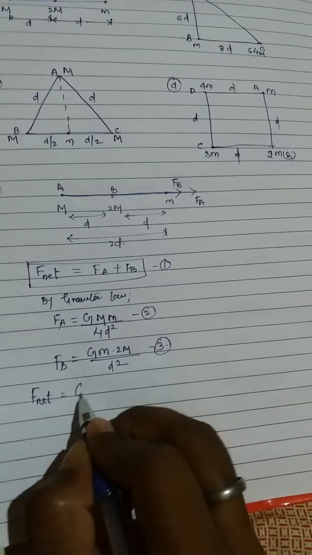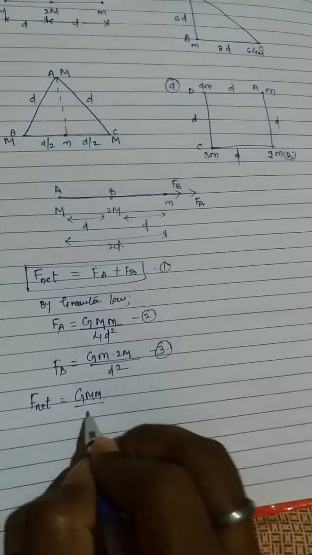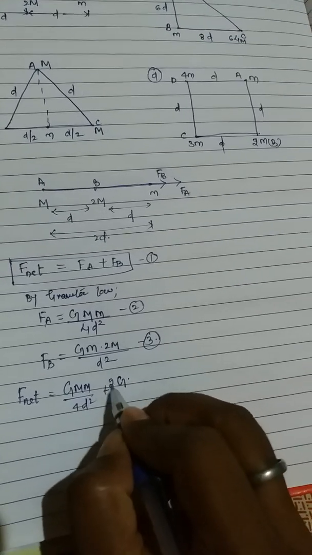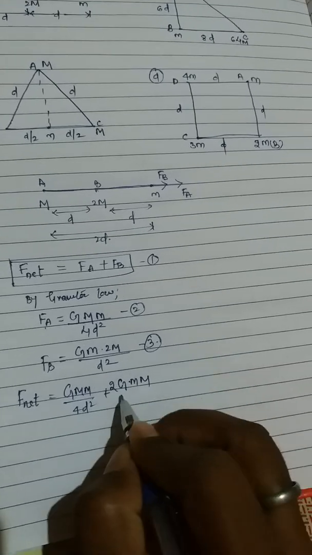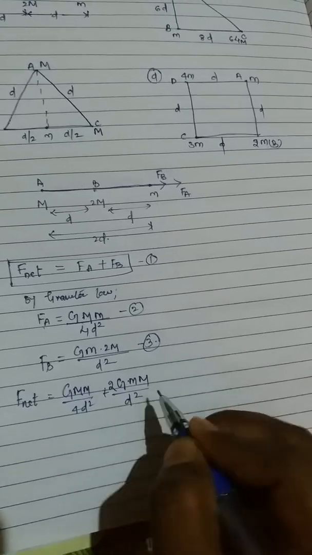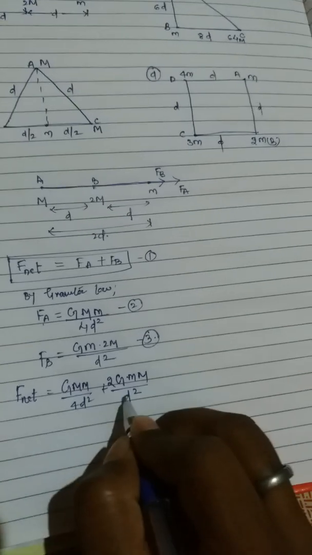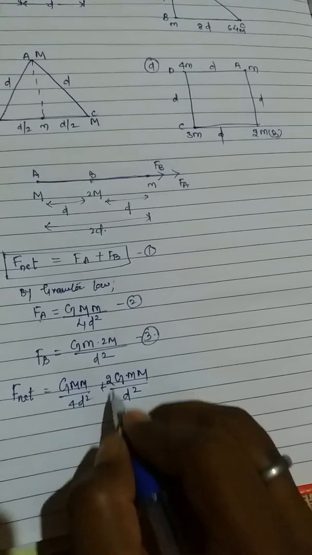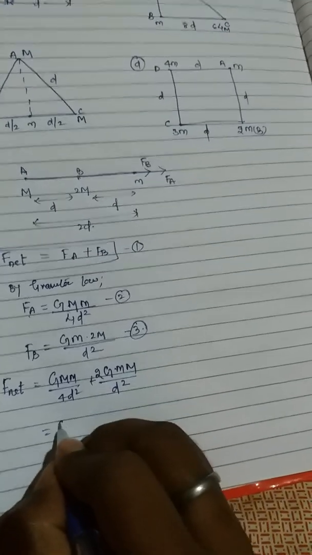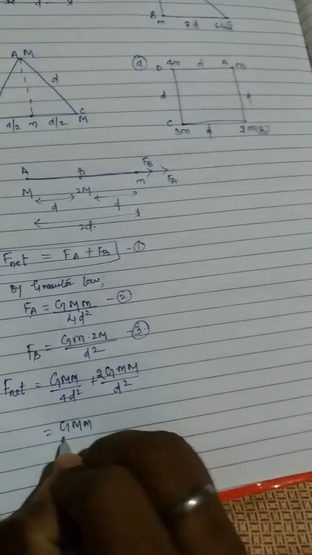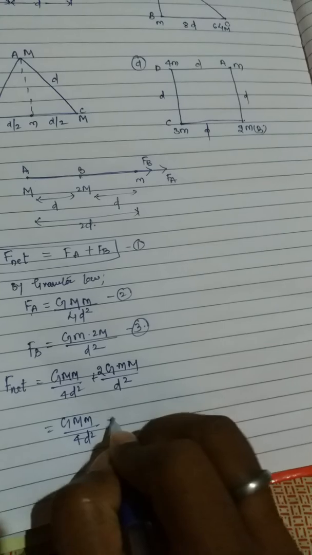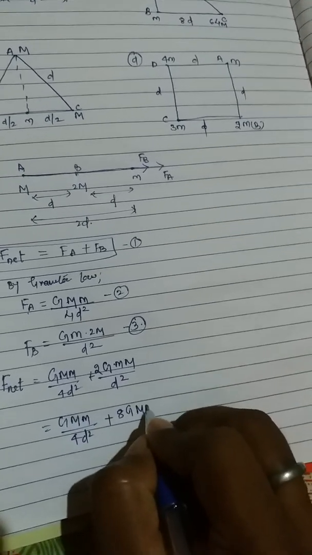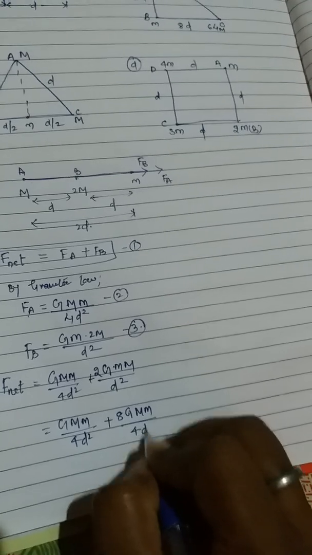What is Fa? It is G capital M small m by 4d square, plus 2G small m capital M by d square. Now here the denominator is 4d square, so you can multiply the second term by 4 and divide by 4, so 4 twos are 8. It becomes G capital M small m by 4d square plus 8G capital M small m by 4d square.